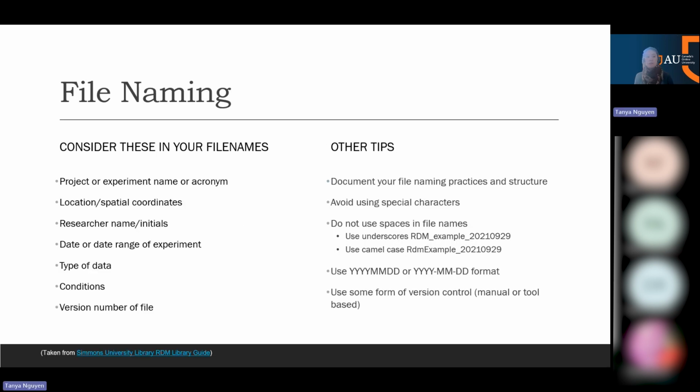Okay, so file naming, which we talked a little bit about, it's important to be very descriptive and consistent when you name your files. So the first step would be developing and recording your conventions for naming your storage, like your directory folders.